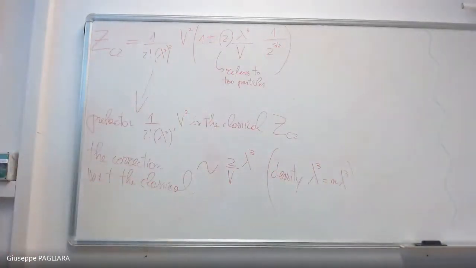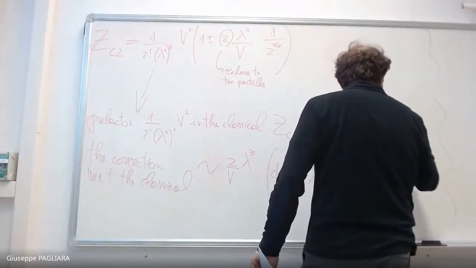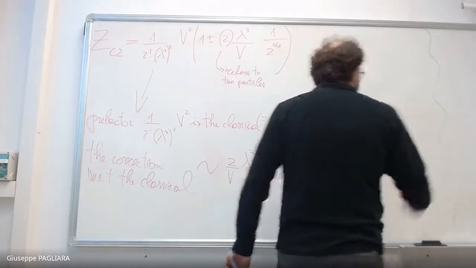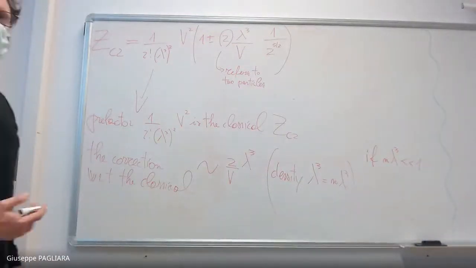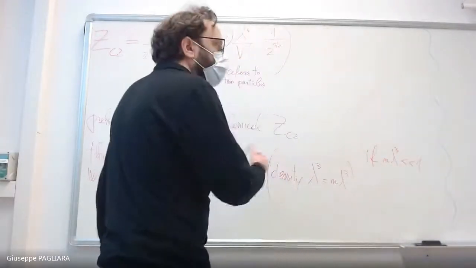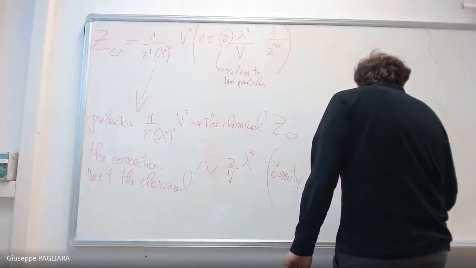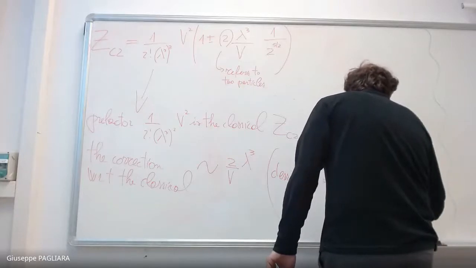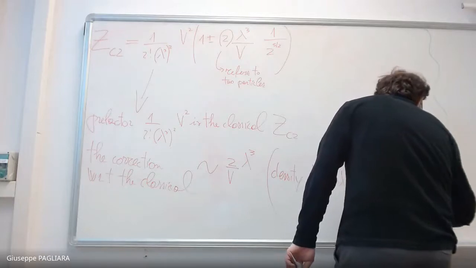So again, we recover that if n times lambda cubed is much smaller than 1, which means small densities or large temperature, then the quantum correction is approaching 0.